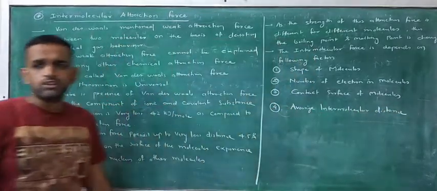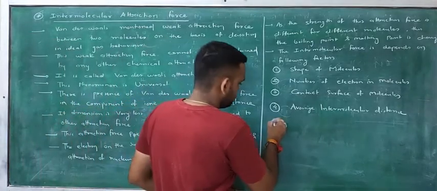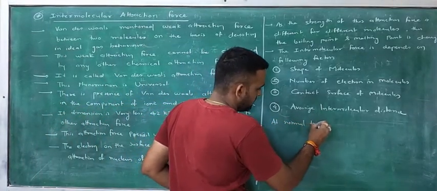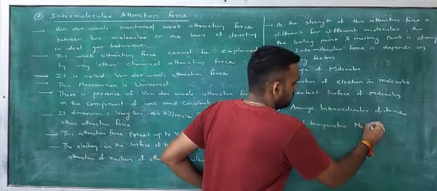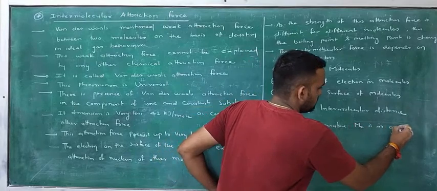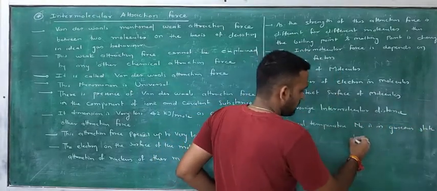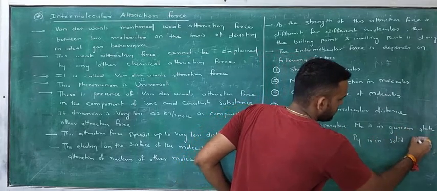Now, according to the van der Waals attraction force, it will be studied that nitrogen and phosphorus, at normal temperature, N2 is in gaseous state, whereas P4 is in solid state.